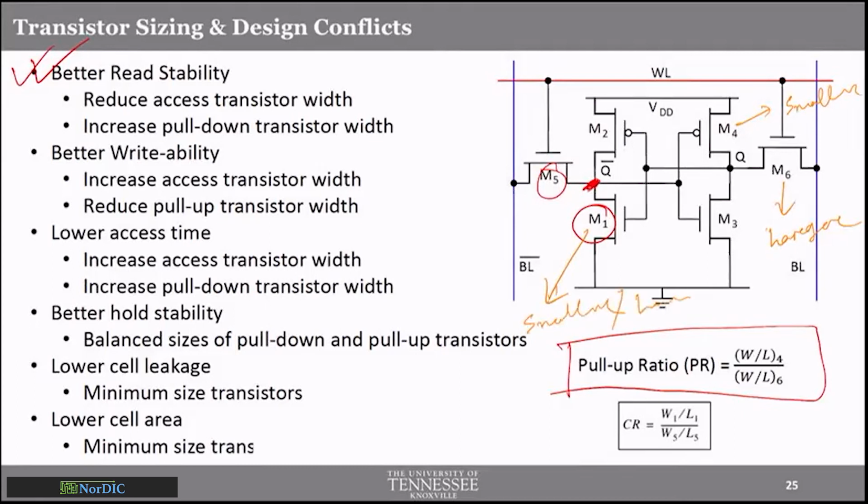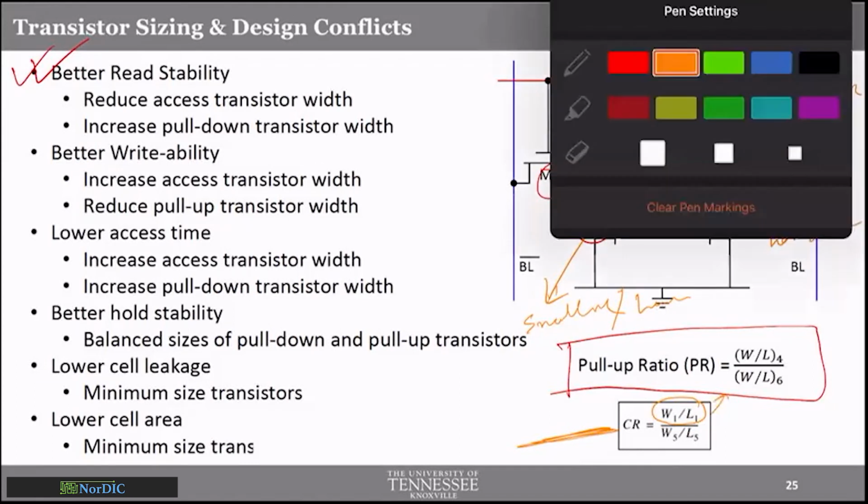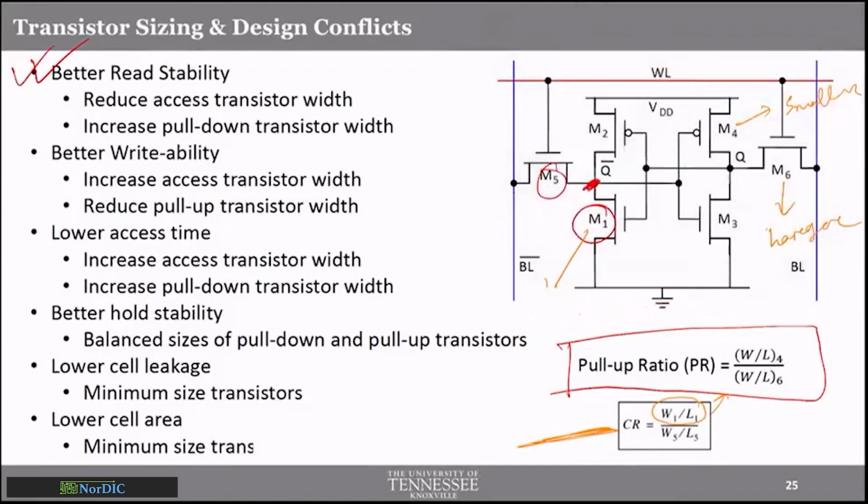Anyone? Let me take a quick test. Just look at the cell ratio. The larger the cell ratio, the better it is, right? To make it larger, W1 should be larger. So this should be larger and this should be smaller.